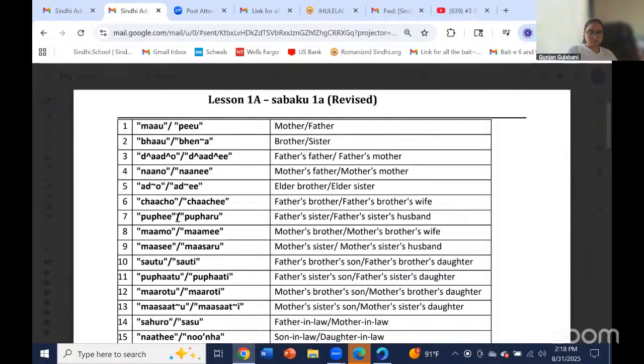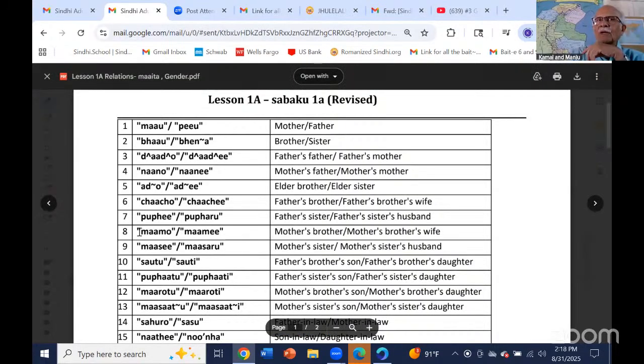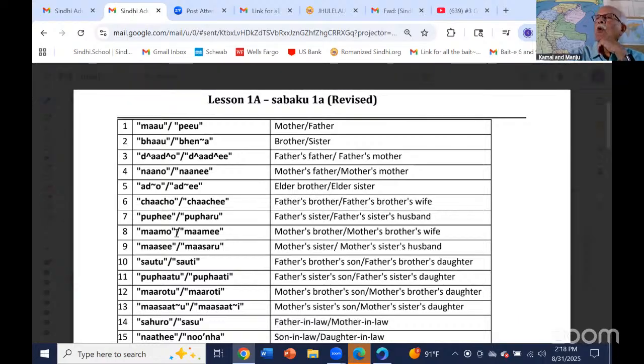Then mother's side. Mother's brother is called Mamo. Mukhe hikku Mamo ahe. And his wife will be for me Mami. Mukhe hikku Mami ahe. In English, you will say uncle and auntie.